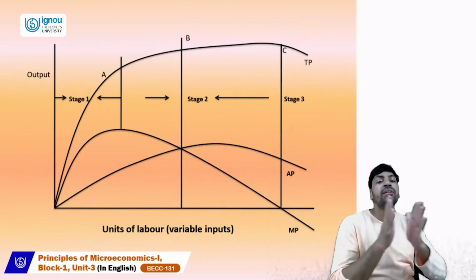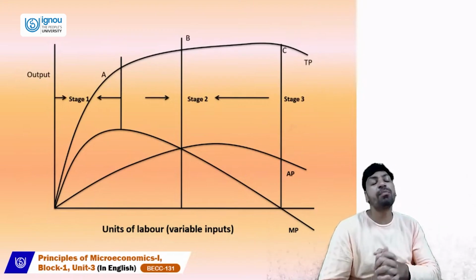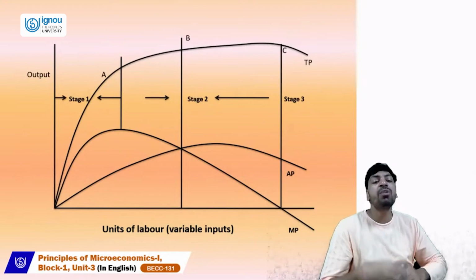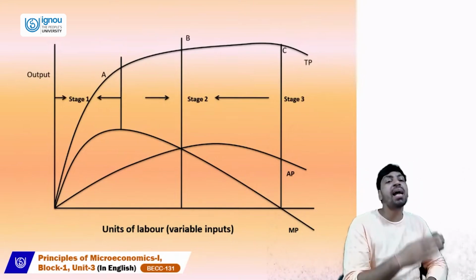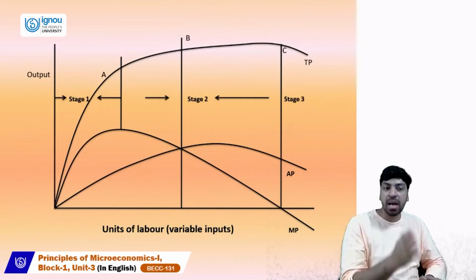And that's called the 3 stages of the law of variable proportion, which states that the level of output increases at an increasing rate, stage 1.